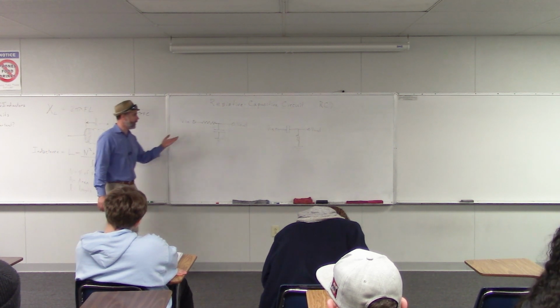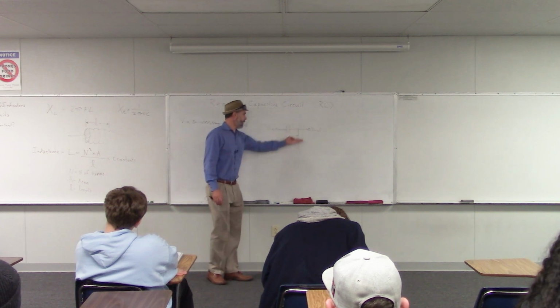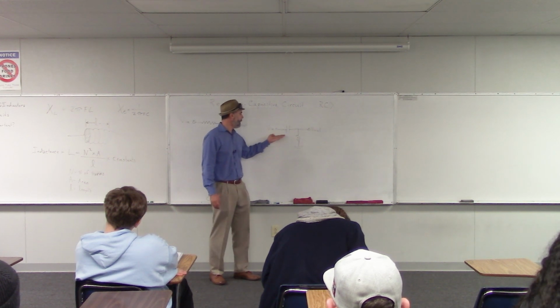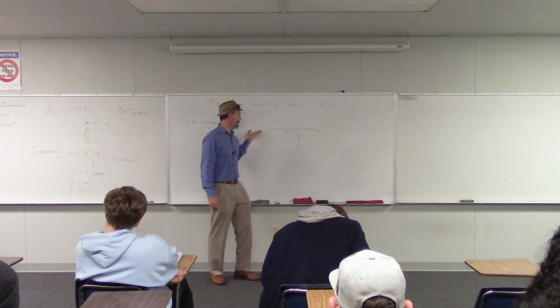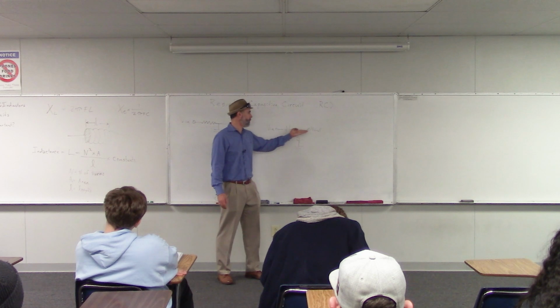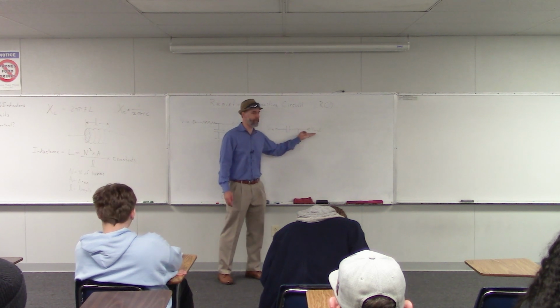So with a circuit like this one on the right, you've got a capacitor in the path of the signal, and that allows high frequencies to go through to the output, but it blocks or absorbs low frequencies. So we call this a high-pass filter.